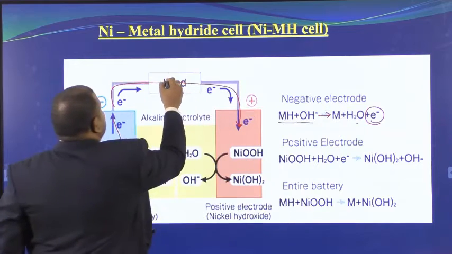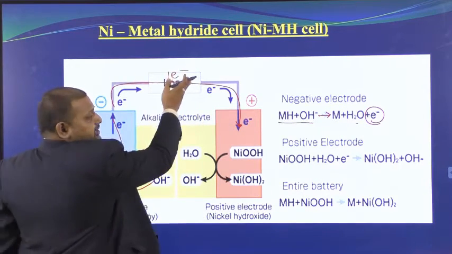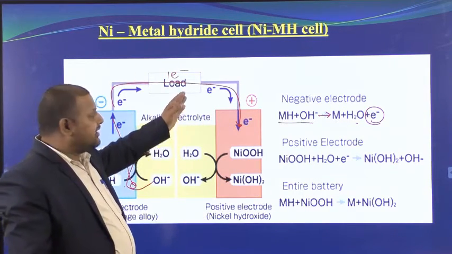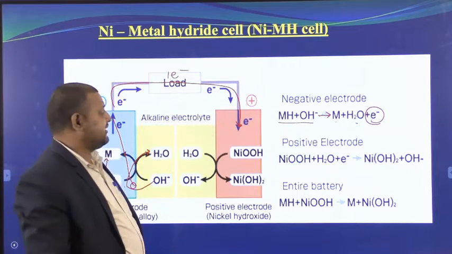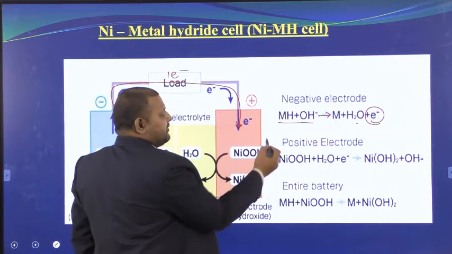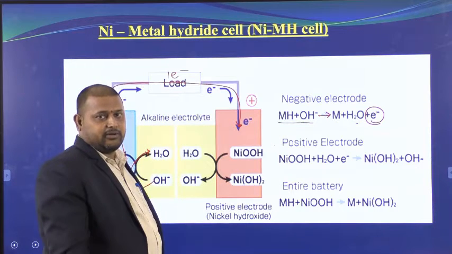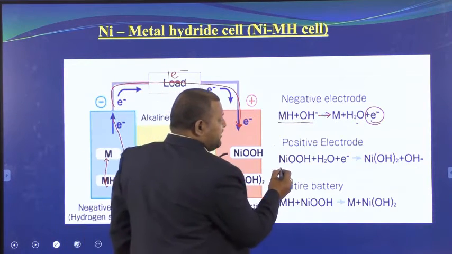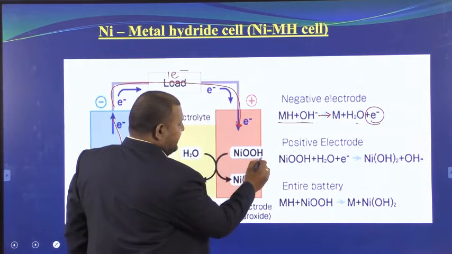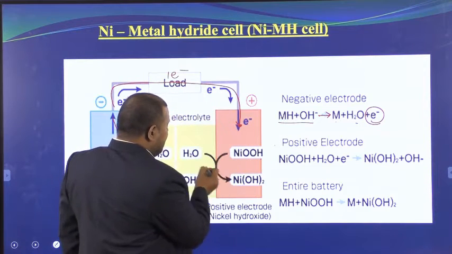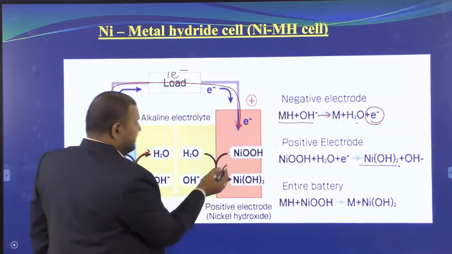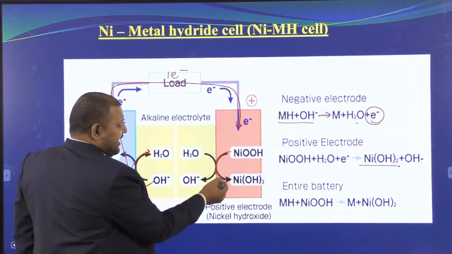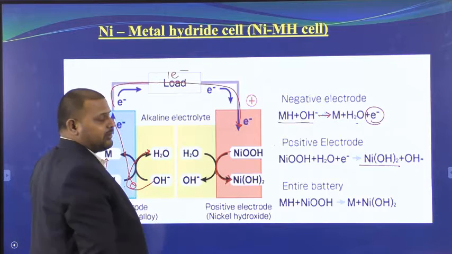This one electron has come into our current plate, and that current we are sending into the nickel oxide hydroxide. So that is our positive electrode, the cathode. So here we have NiOOH. It absorbs this electron along with water molecules to form Ni(OH)2. See here, NiOOH absorbs this to form Ni(OH)2.